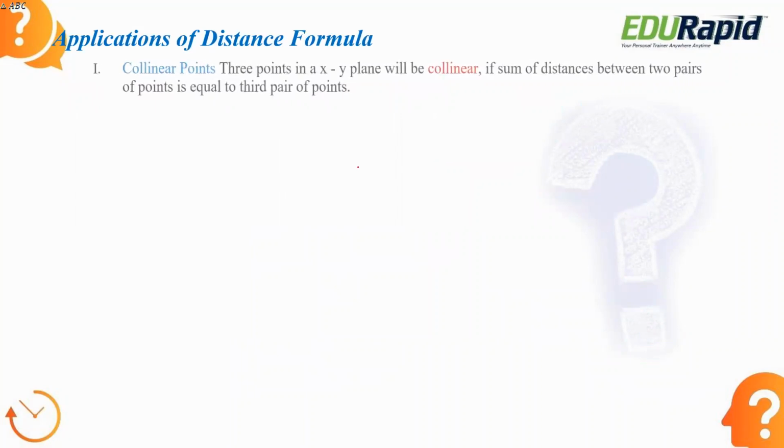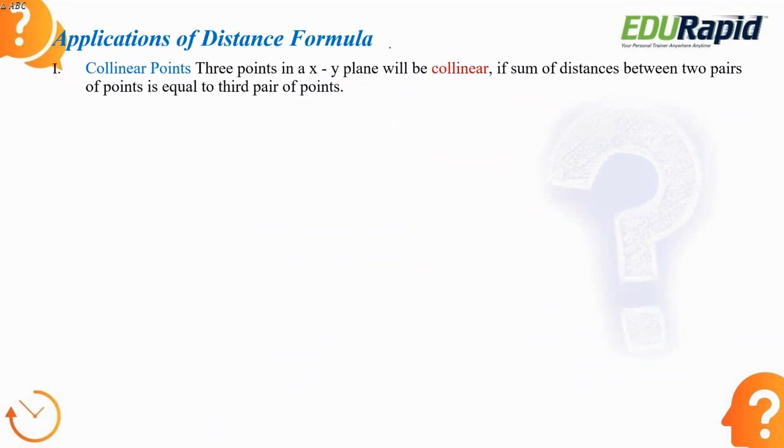Next, application of distance formula. So what do you mean by collinear points? When we speak about collinear points, what do you mean by that? It is 3 points in an XY plane. They are said to be collinear if the sum of the distance between two pairs of points is equal to the third pair.